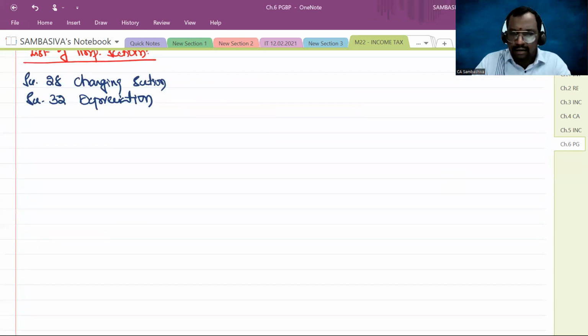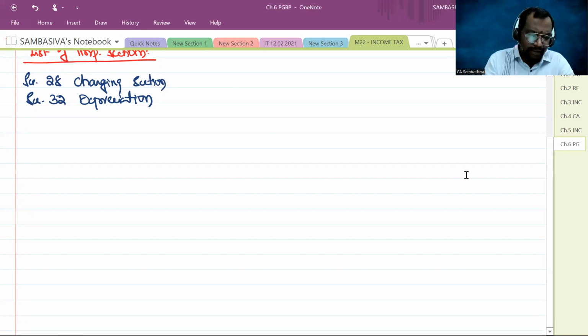Already we had some brief knowledge about depreciation, which we learned in the chapter on capital gains, along with section 50, sale of depreciable capital assets. And then section 35, scientific research expenditure.